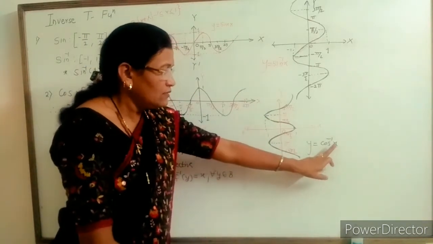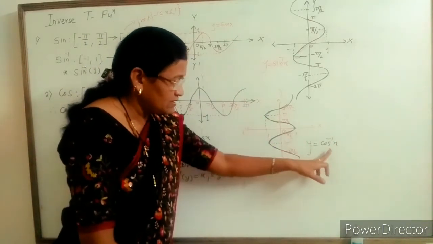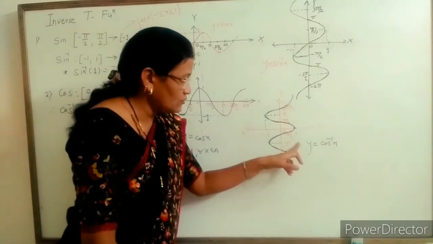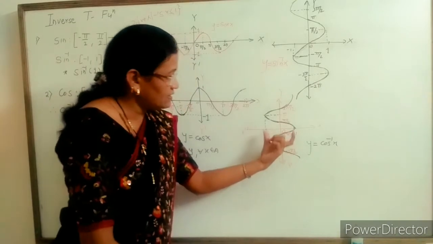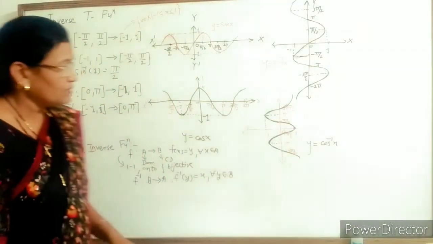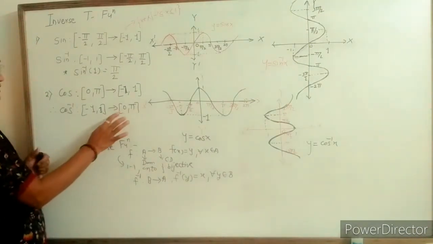You may take any value, but it always lies in between, meaning x lies between -1 to 1. For this range there are infinitely many angles between 0 to pi, but the range is fixed.